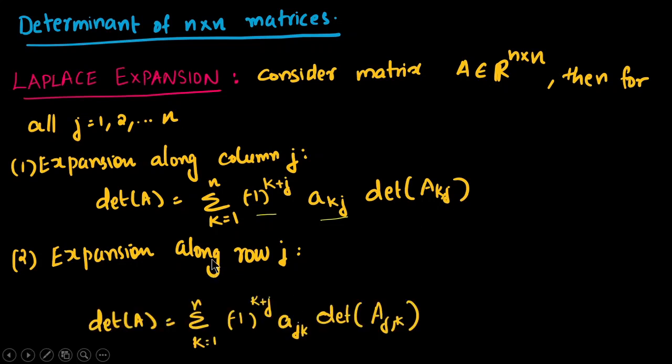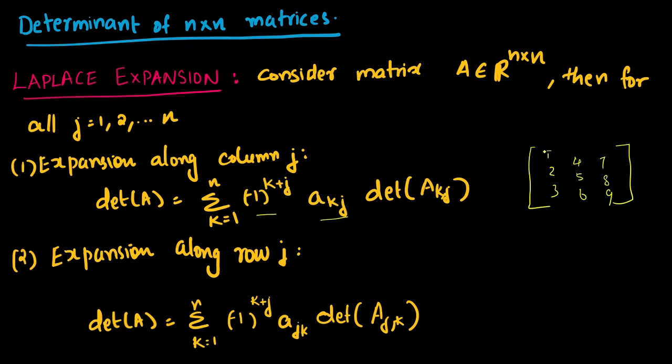Then expansion along row j: determinant of A is equal to sigma k equal to 1 to n of (-1) raised to k plus j, A jk into the determinant of A jk. Okay, these two methods we have already used in our high school classes. So this is like 1, 2, 3, 4, 5, 6, 7, 8, 9.